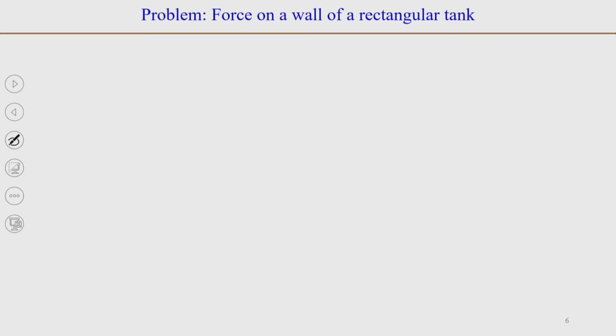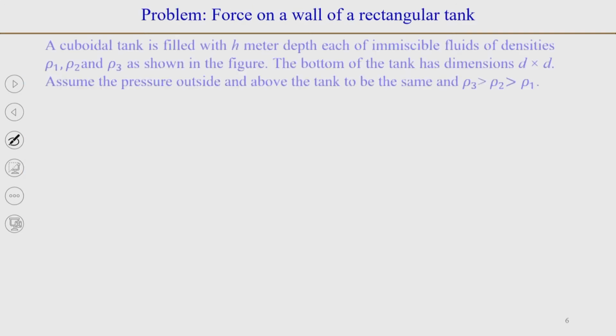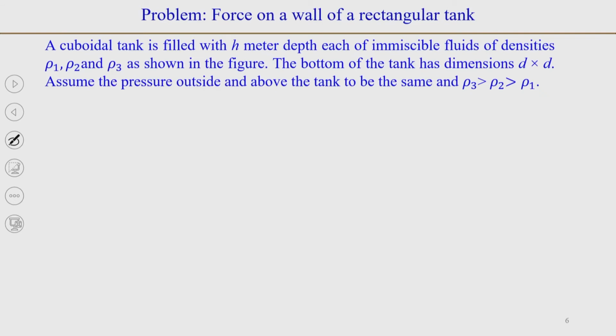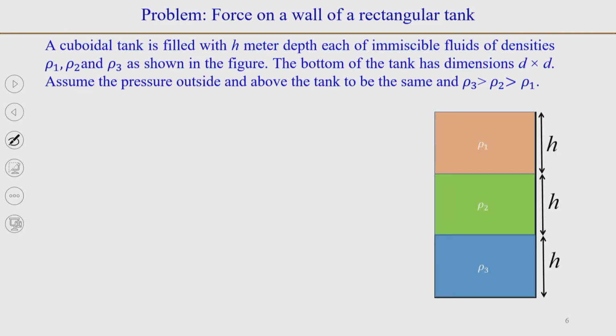Okay. So, now we will look at a problem. Let us read the statement of the problem. There is a cuboidal tank and this tank is filled with 3 different fluids having densities rho 1, rho 2 and rho 3, and rho 3, which is filled at the bottom, has the highest value, so it is greater than rho 2, and rho 2 is greater than rho 1.